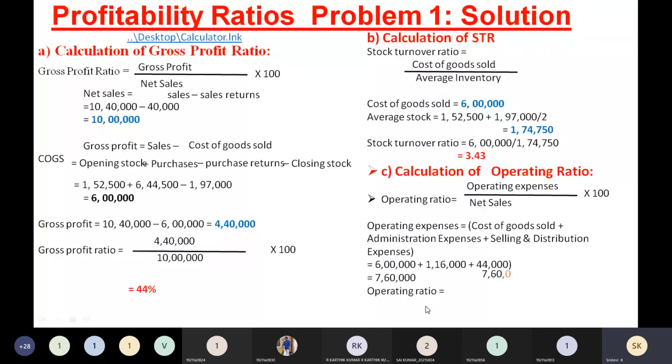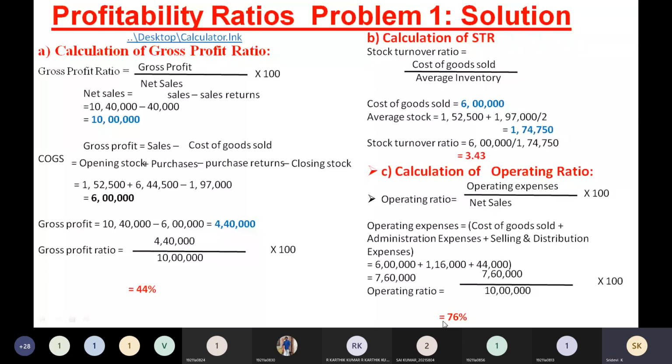The operating ratio is 7,60,000 divided by net sales, 10 lakhs, into 100. Strike off the zeros: 6 zeros are there in the numerator and denominator. The leftover is 76, which you indicate as a percentage, 76%.